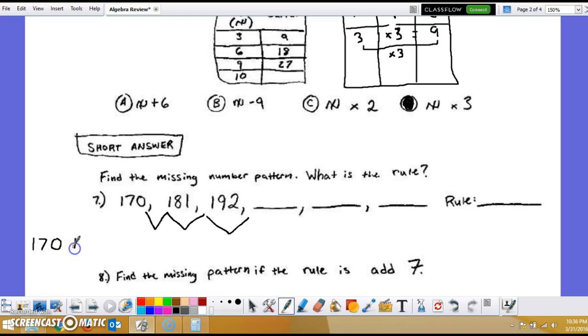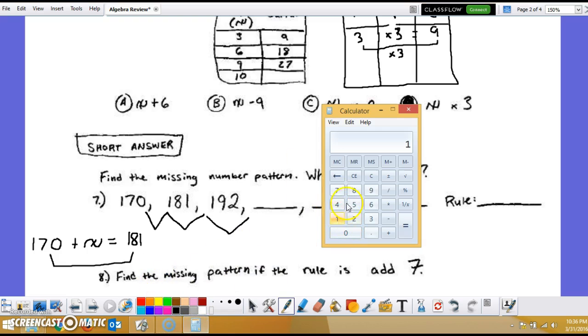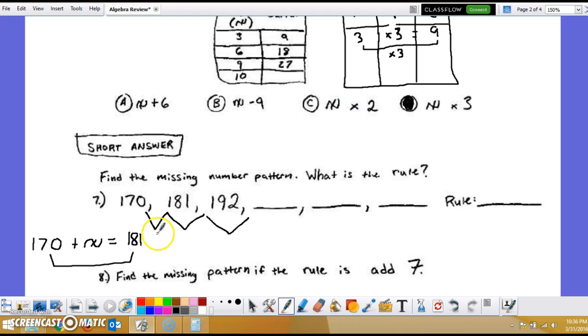So I'm increasing, and I'm not multiplying. I just don't know what I'm increasing by. So 170 plus x equals 181. I need to again take what I know, do the opposite operation, or 181 minus 170, to determine what the rule is. 181 minus 170, and the rule is not just 11, but it's plus 11.